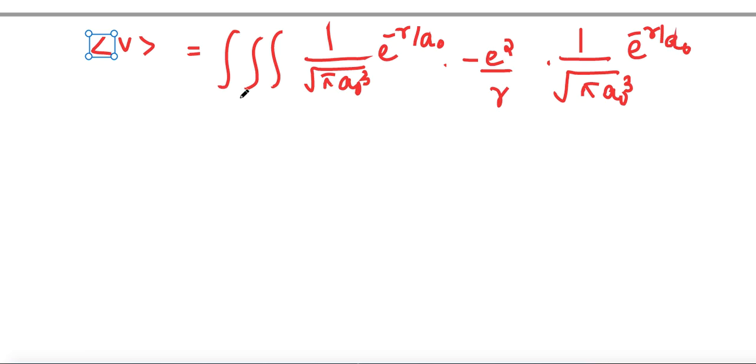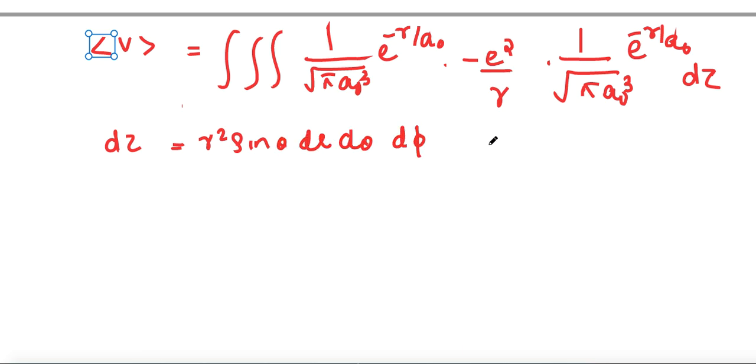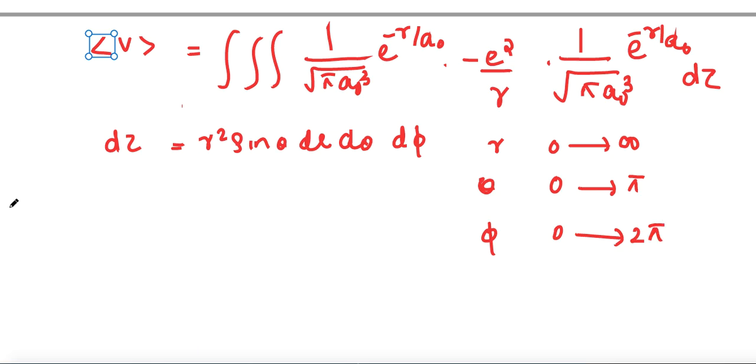Now let's put the integrals. Here it is given as d tau, and d tau is equal to r square sin theta dr d theta d phi. Here r goes from 0 to infinity, theta goes from 0 to pi, and phi goes from 0 to 2 pi. Since it is a volume integral in spherical polar coordinates, we have three integrals. Let's calculate the angular part separately.